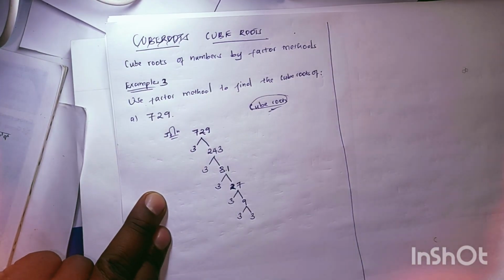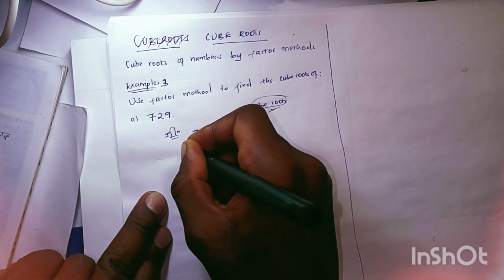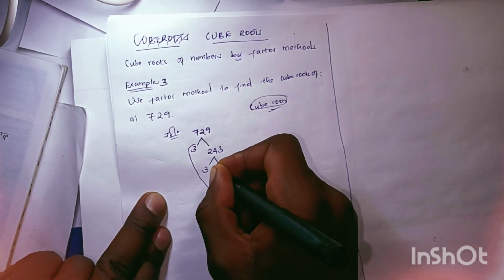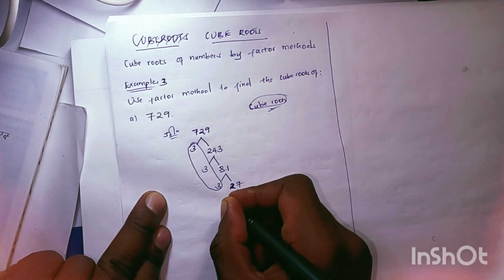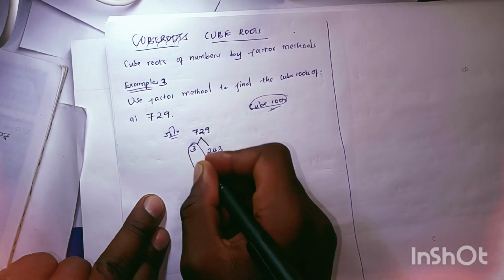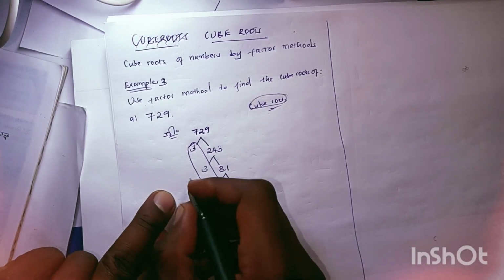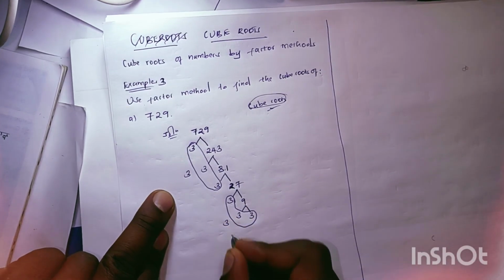Then in each group of 3s, I pick 1 three. Then in the first group, I'll just pick 1 three. In the second group, I'll pick another 3.